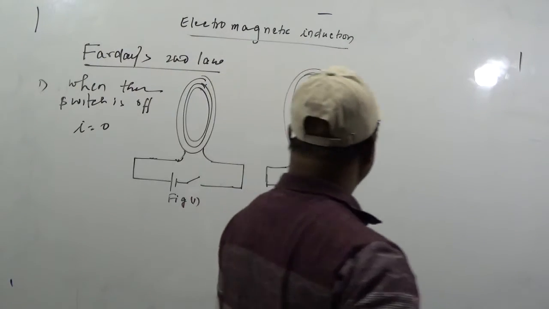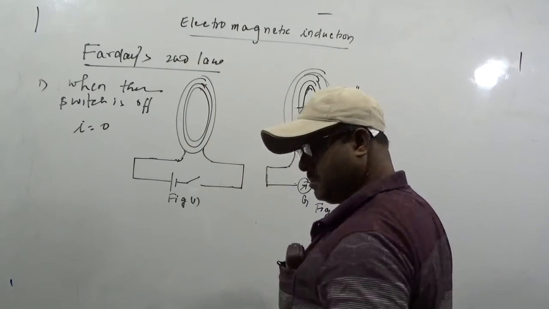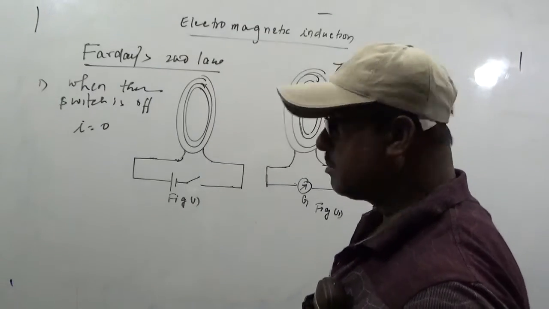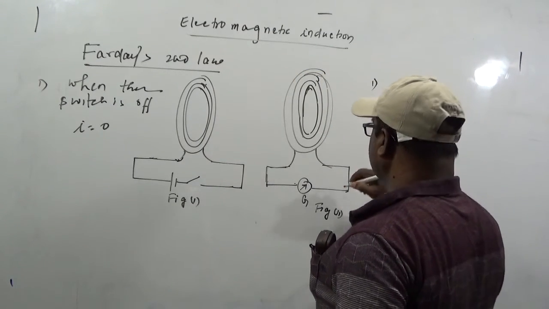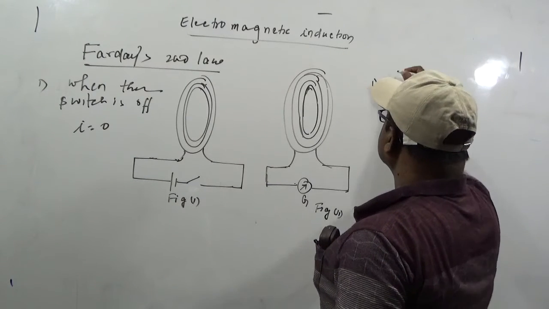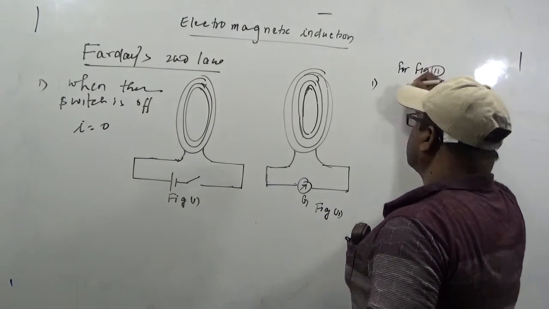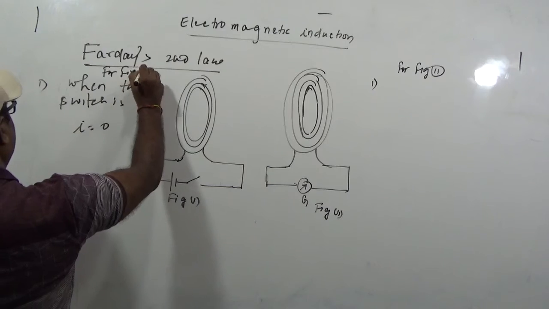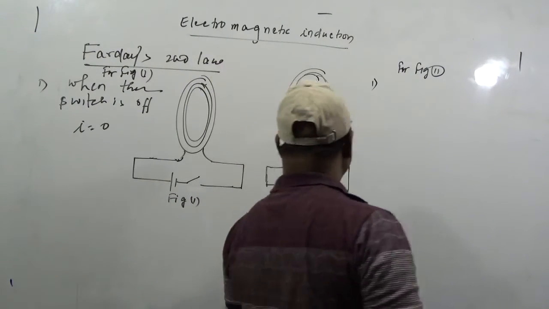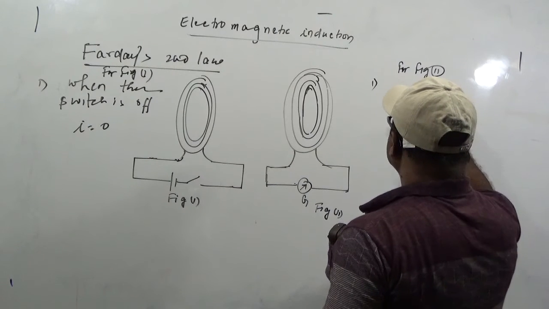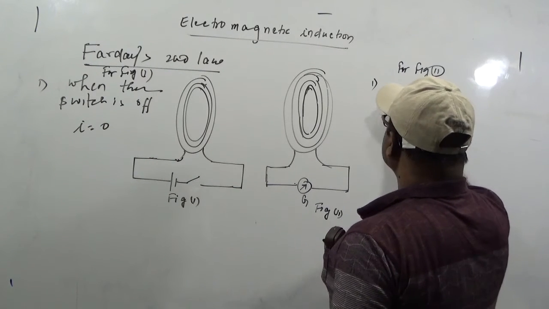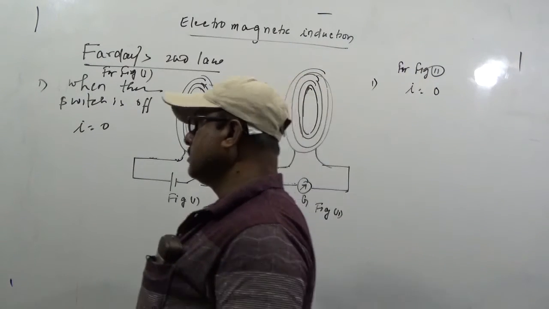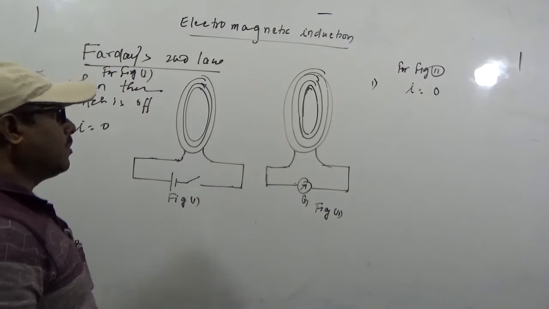In figure 2, I is also 0. That means in both situations the current is not flowing.